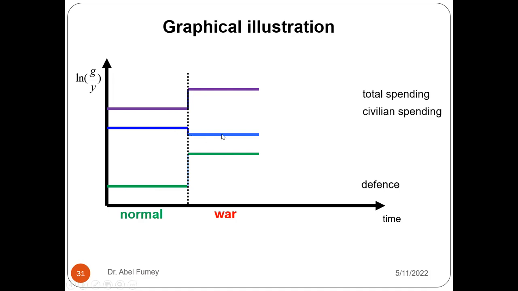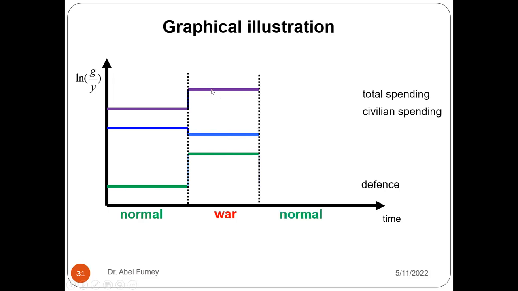Why is it falling now? Because now there's an increase in the expenditure on defense. It has to be financed by taxes. At least the civilians will also have to pay some tax. That's why there's a reduction in civilian spending during times of war.